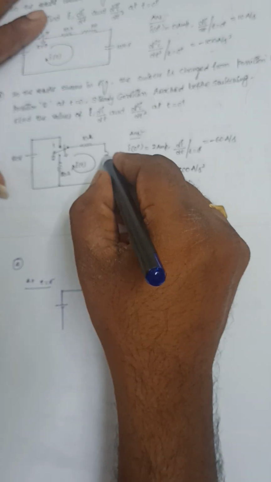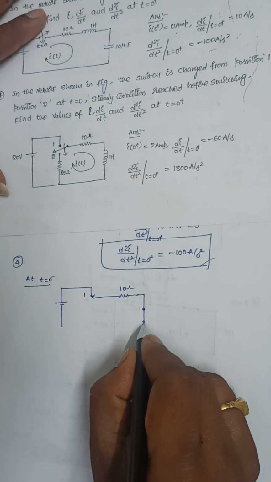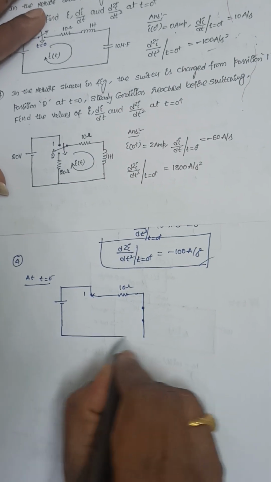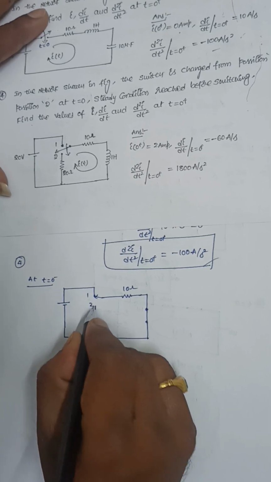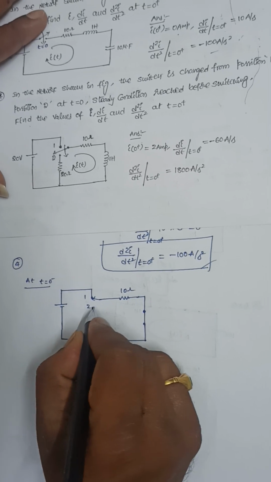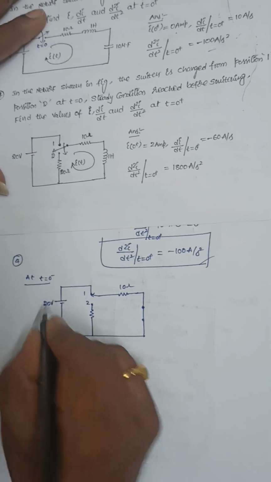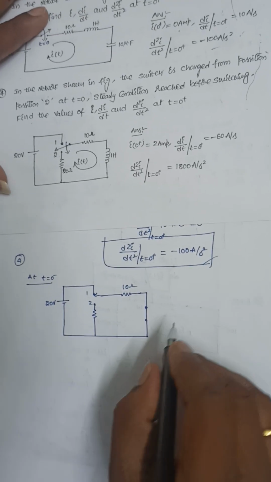Under steady state condition, this inductor will act as a short circuit. Position 2 is in no way connected to this circuit. It is 20 volts.